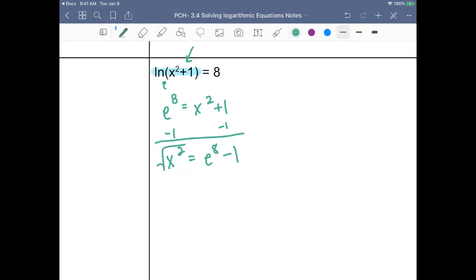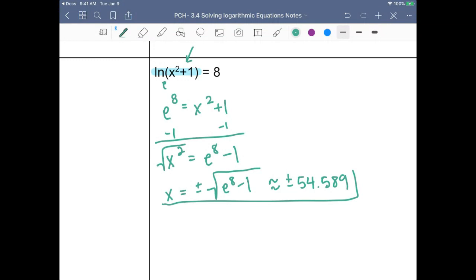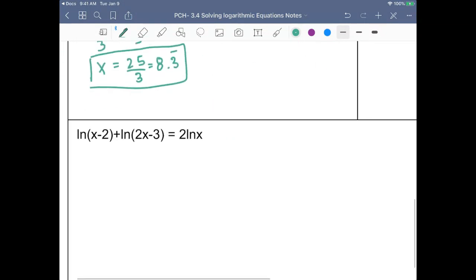We're going to go ahead and square root. X is equal to plus or minus the square root of e to the 8 minus 1. That's our exact value. And as a decimal, we get plus or minus 54.589. Okay. Last one.